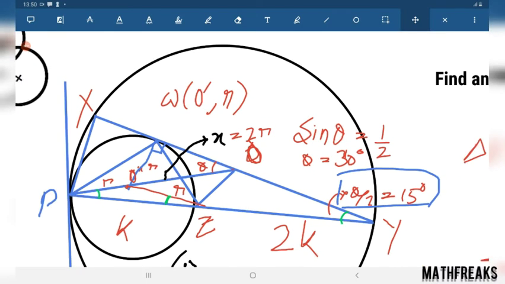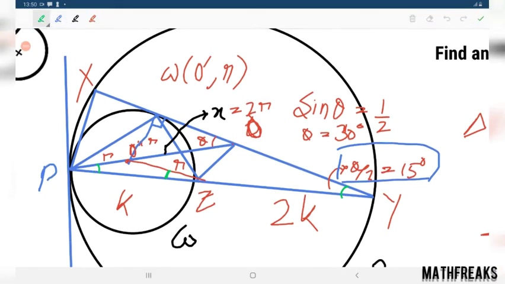There is a different approach for this problem. Another approach is going for the alternate tangent theorem. That is, this angle equals this angle by the alternate tangent theorem. Similarly, you have to find a relationship between this angle, like that approach.